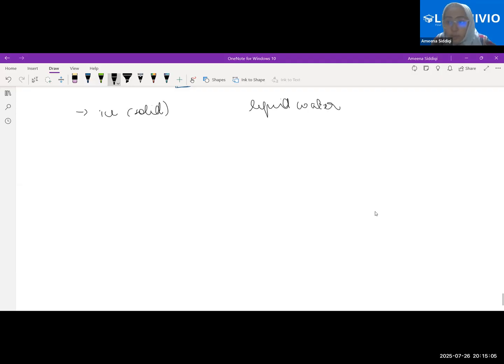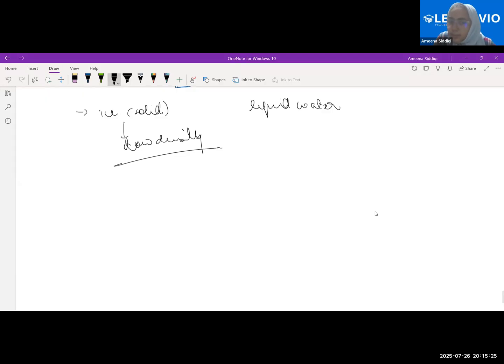I hope you are able to imagine what density is. But that does not happen. Instead, the ice, which is solid, actually floats on water. This can only happen when ice has lower density than water.